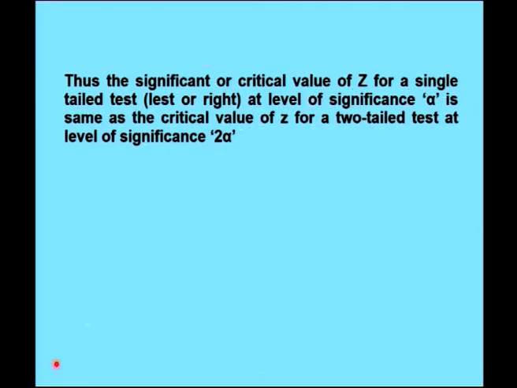Thus, the critical or significant value of Z for a single tailed test, that is left or right, at level of significance alpha, is the same as the critical value of Z for a two-tailed test at level of significance 2 alpha. When you determine the case as a two-tailed test and you want to refer to the tabulated value, you can see the two-tailed tables as they are.